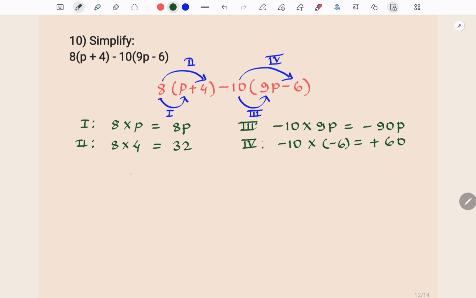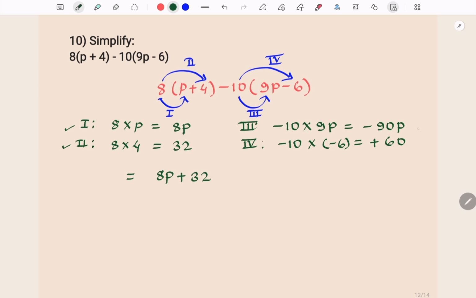We will write all these terms with their appropriate sign. So from the first multiplication we have 8p. From the second multiplication we have plus 32.